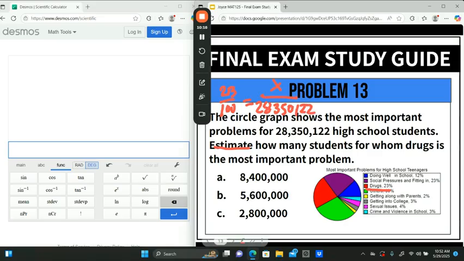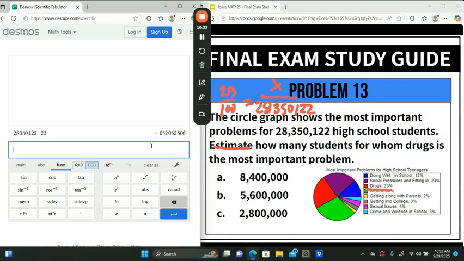I'm going to use Desmos over here to help us out so you can see what I'm calculating. I'm going to cross multiply: this number on the bottom times the 23, which gives me that number right there. That number is equal to 100x.